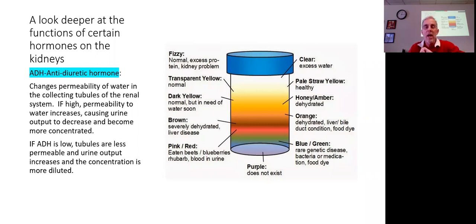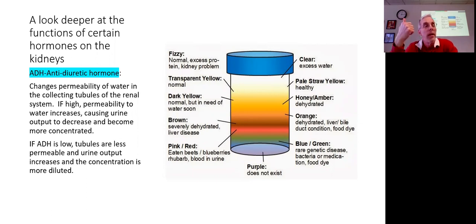In other words, there's not as much of an uptake of fluid during the processing. If antidiuretic hormone is low, you're going to get an increase in urine output, and the concentration of what comes out in the urine is lower.